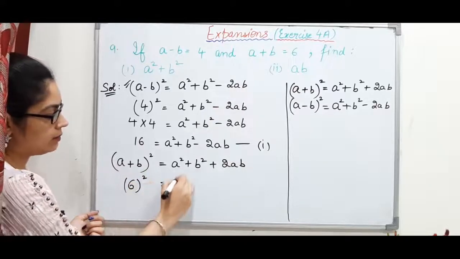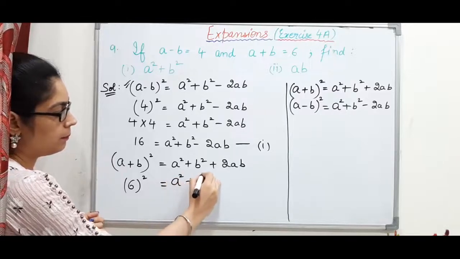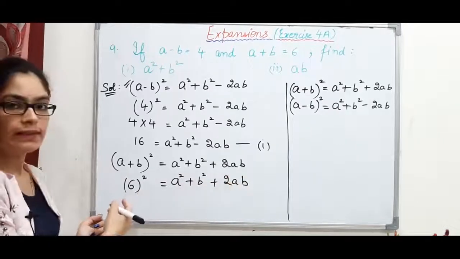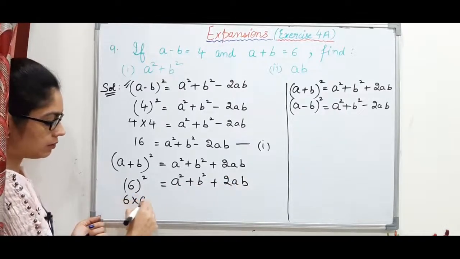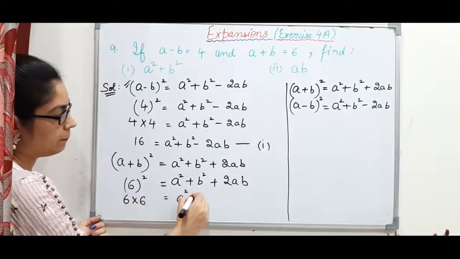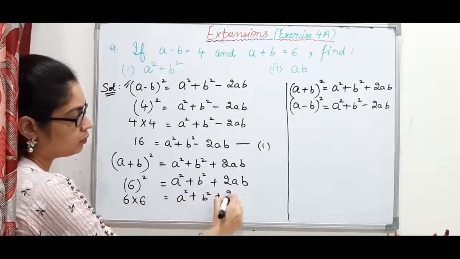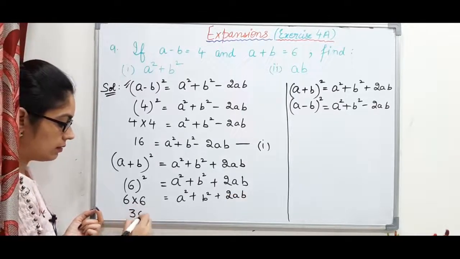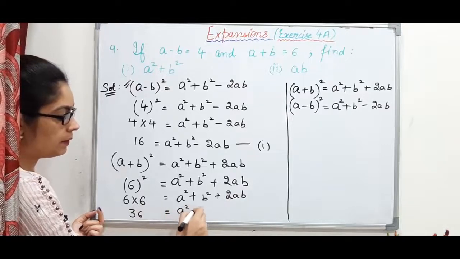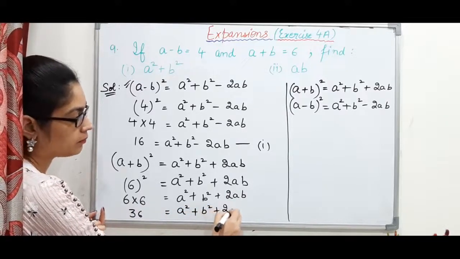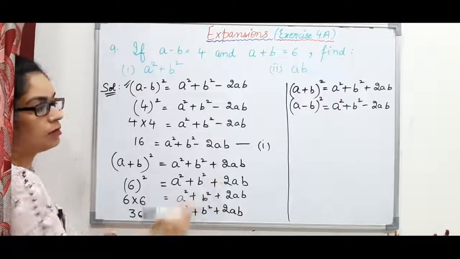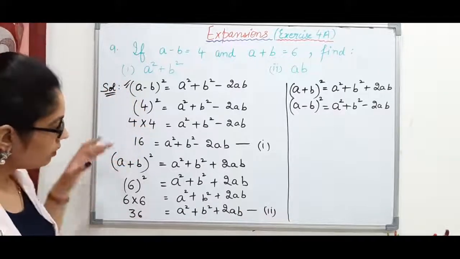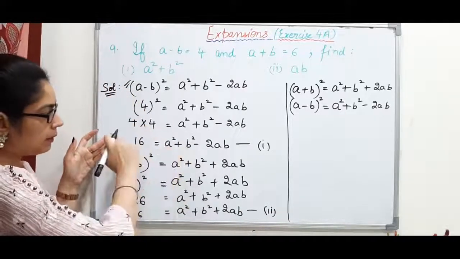So 6 whole square is 6 into 6, equal to a square plus b square plus 2 into a into b. 6 into 6 is 36, so a square plus b square plus 2ab. We don't know the values of these, so as it is we can write. This we can write as number 2.